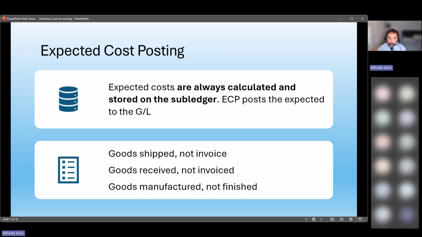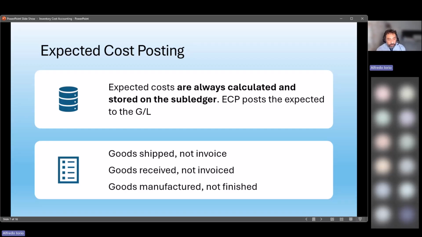Enabling expected cost in Business Central enables some additional features, but the expected costs are always stored at subledger level. Expected cost posting does something more. It just writes the expected cost to the general ledger. But if you don't enable it, you can still see the expected cost on the subledger only, right?